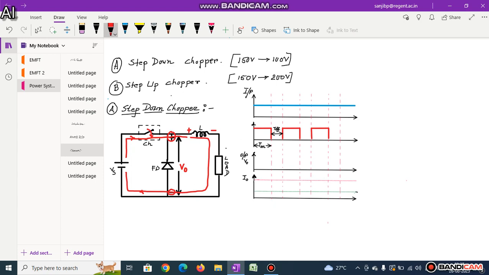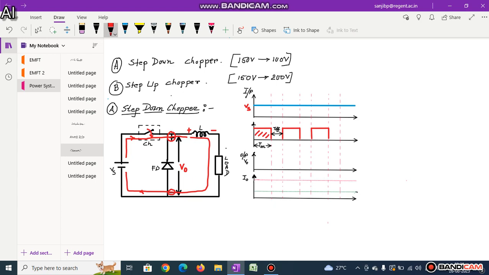The blue line shows the input voltage. This value is Vs, and it is fixed. As the chopper works as a switch, it is switch on and switch off, switch on and switch off. This is the T on period, the switch on period. At the switch on period, we get some voltage, and at the switch off period there will be no voltage.